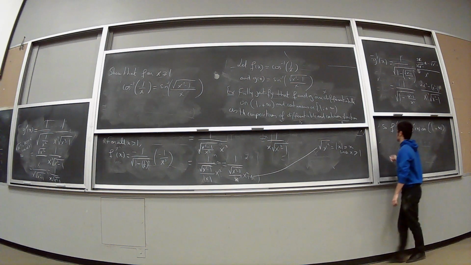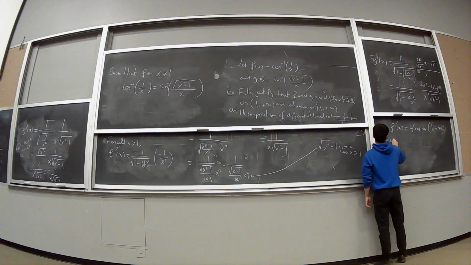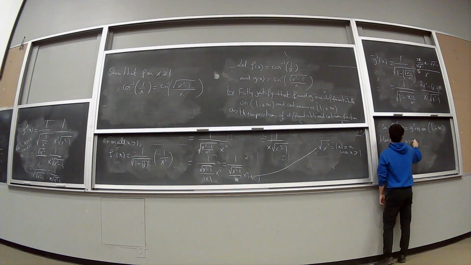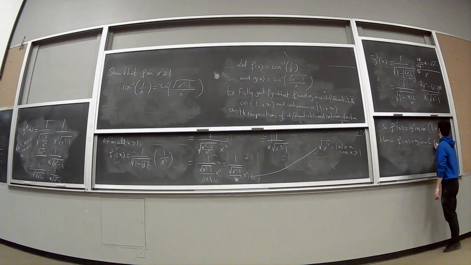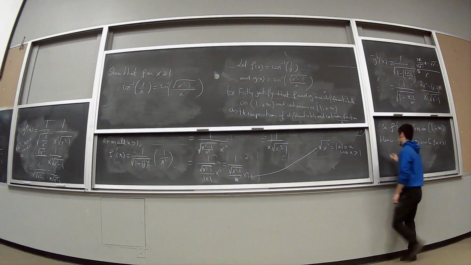And hence, f of x is equal to g of x plus c for x strictly bigger than 1, where c is a constant.